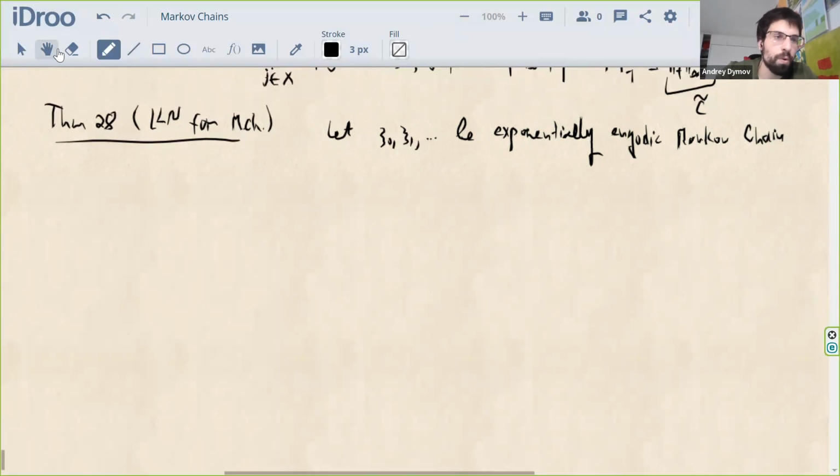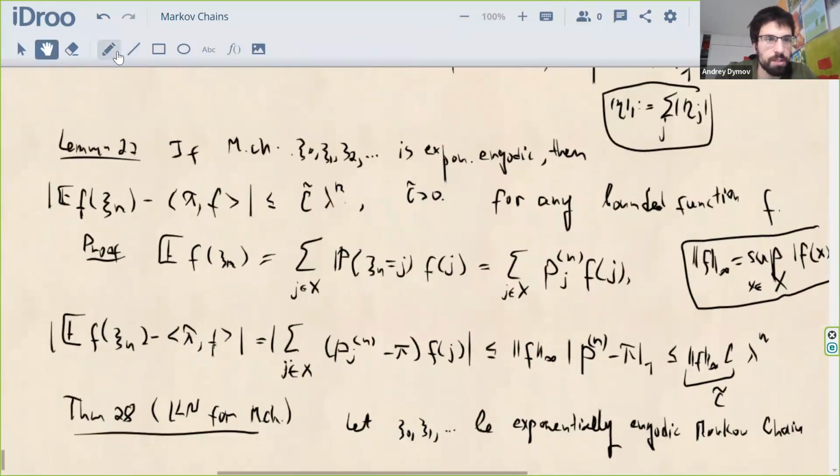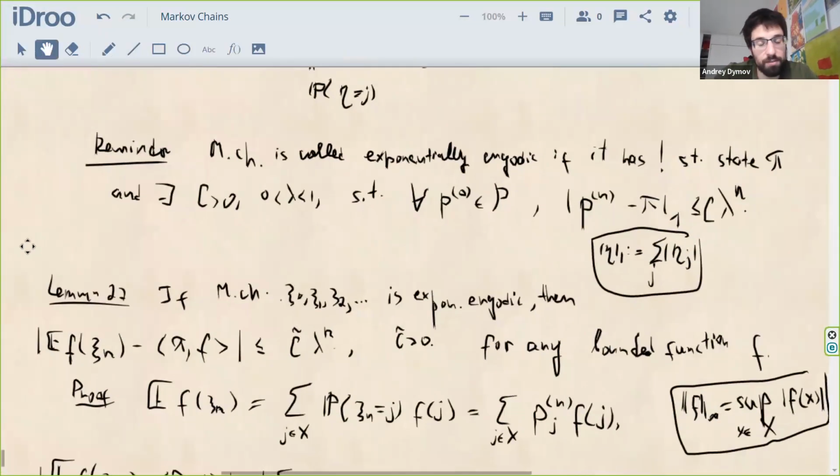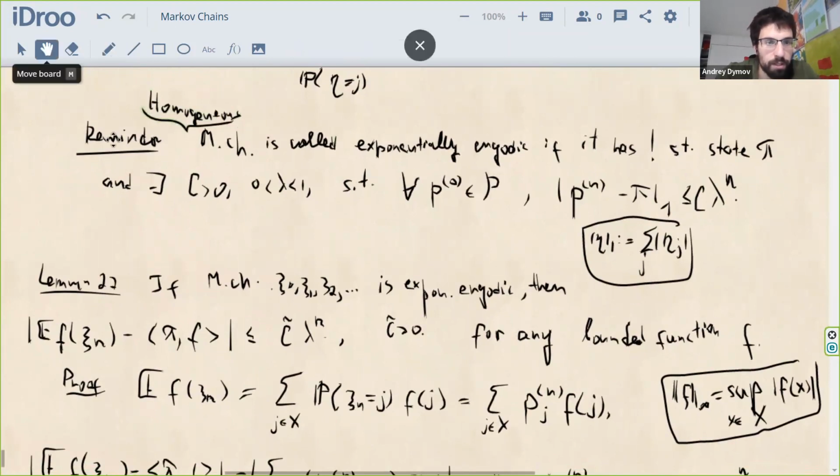Now, we are always talking about homogeneous Markov chains, because the notion of exponential ergodicity and of ergodicity and even of the stationary measure doesn't make any sense for non-homogeneous Markov chains. So I did not write it down, but let me insert it here: a homogeneous Markov chain is called exponentially ergodic if blah blah blah.